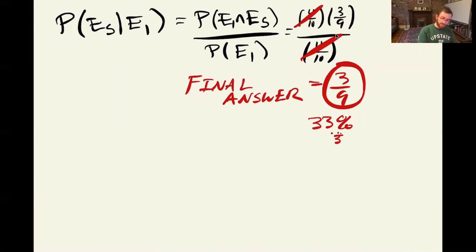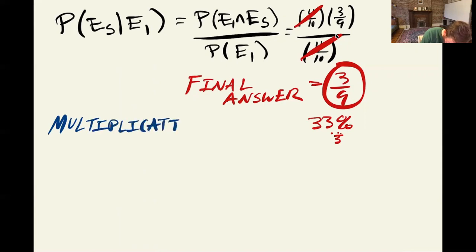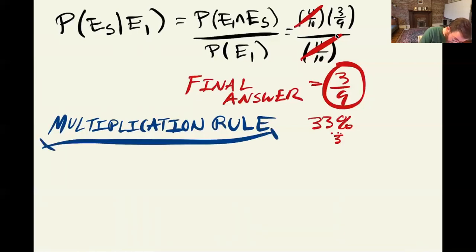Now let's give ourselves some rules, because we're going to want to be able to use these techniques again and again. So I call this the multiplication rule. And it looks something like this.